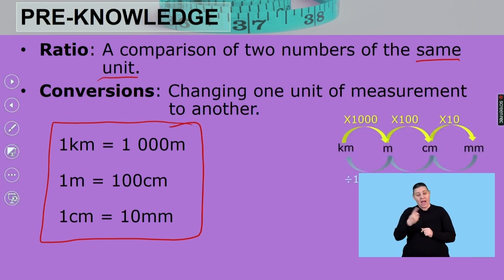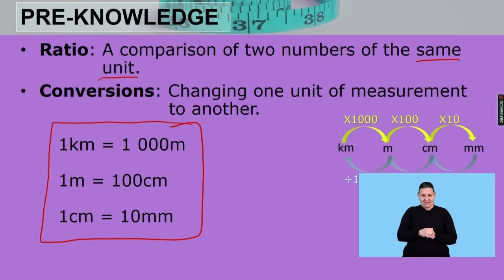The other option is to think about it like a leaping frog system. Let's say we start at kilometers and leap over to meters, we multiply by 1,000. From meters to centimeters, we times by 100. From meters to millimeters, we times by 10.